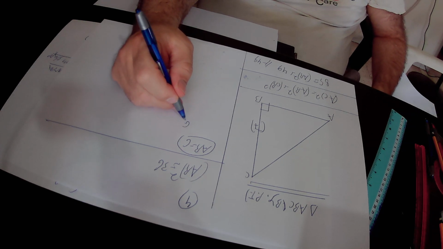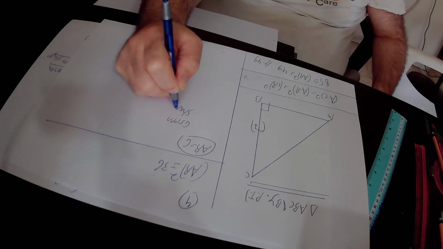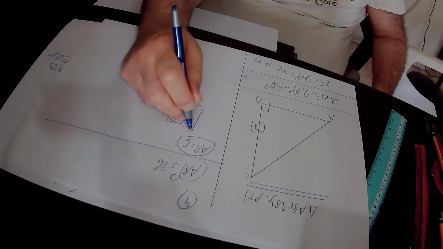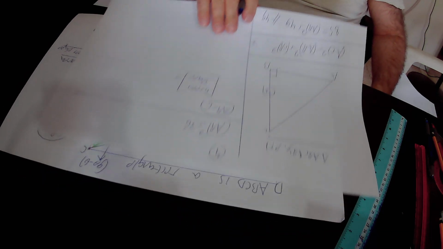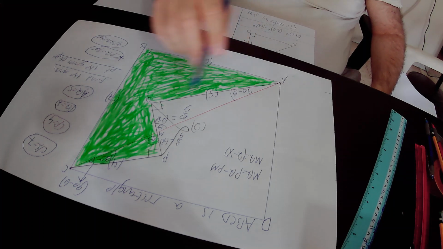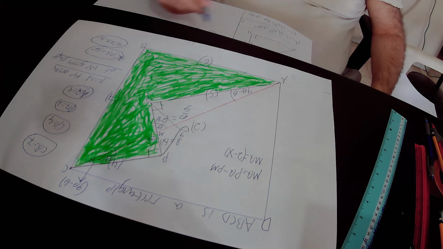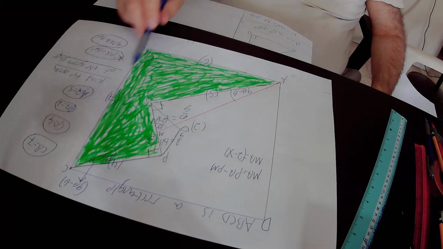The area of this green shape equals the area of the big right triangle ABC.